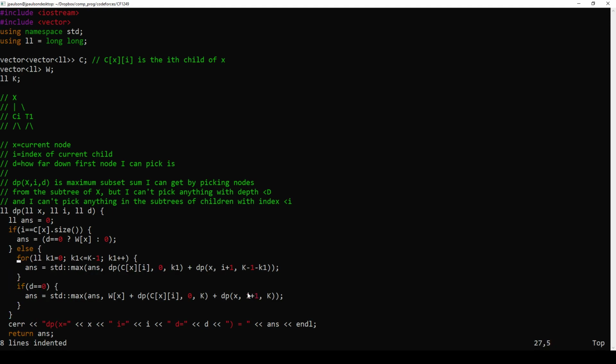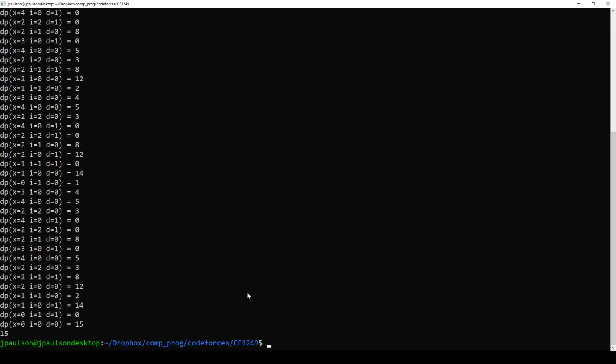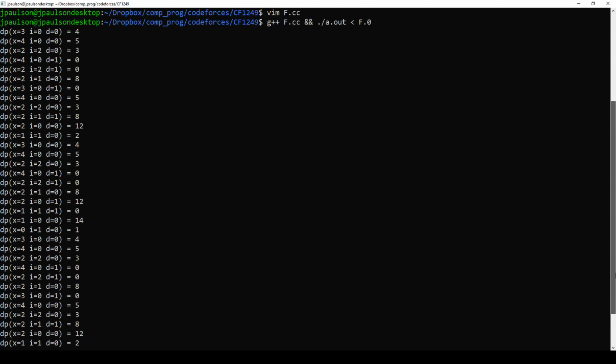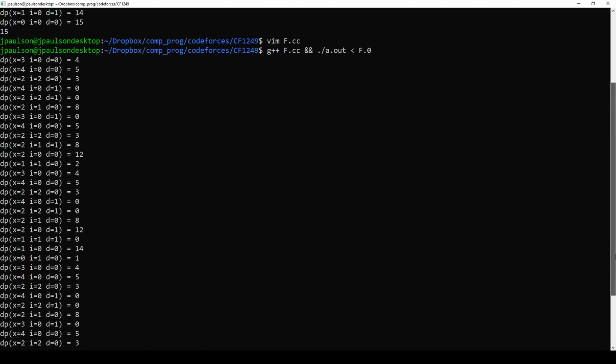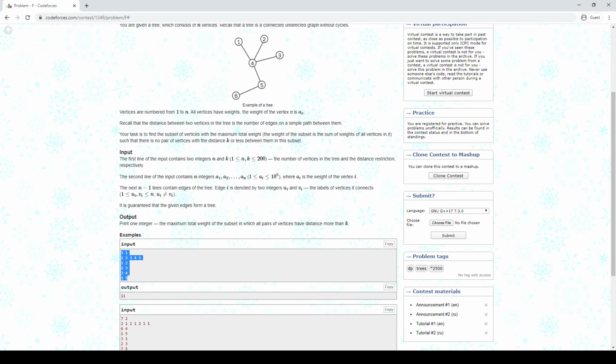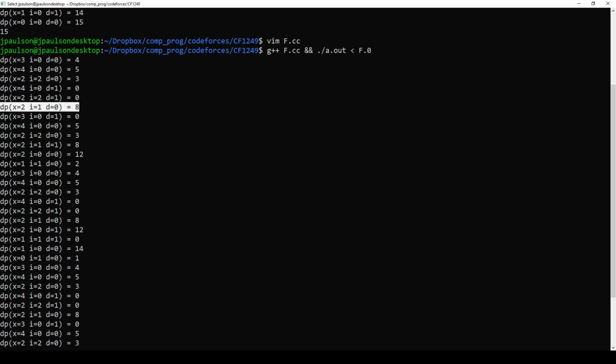So that way we can see this print even for the base cases. Two, index 1, d equals 0. Right, so that would be 5 plus 3, but that's not meant to be allowed.